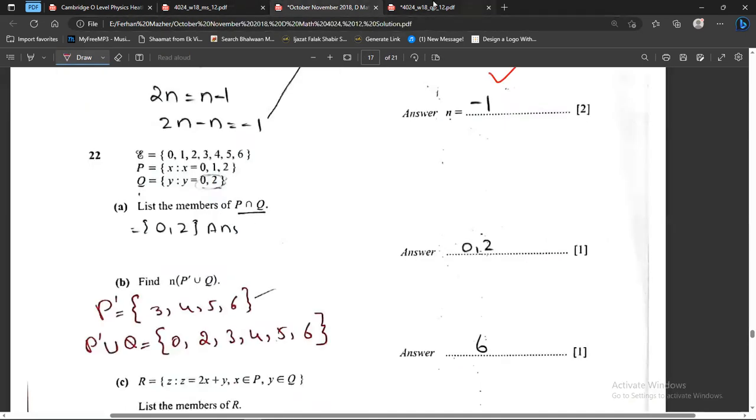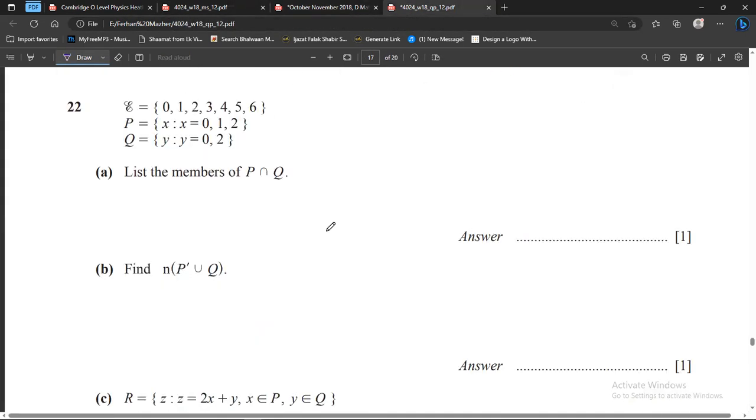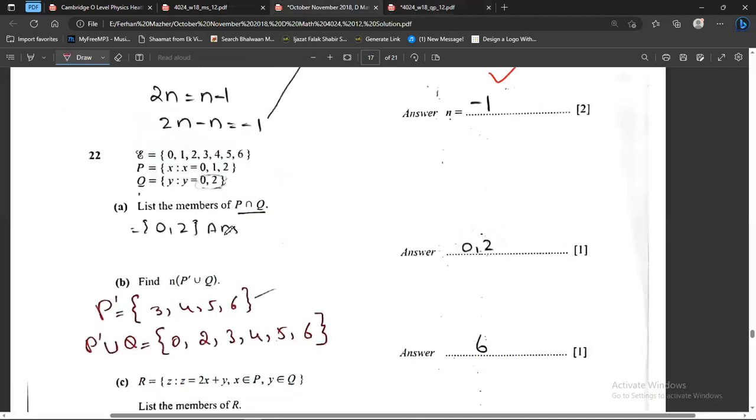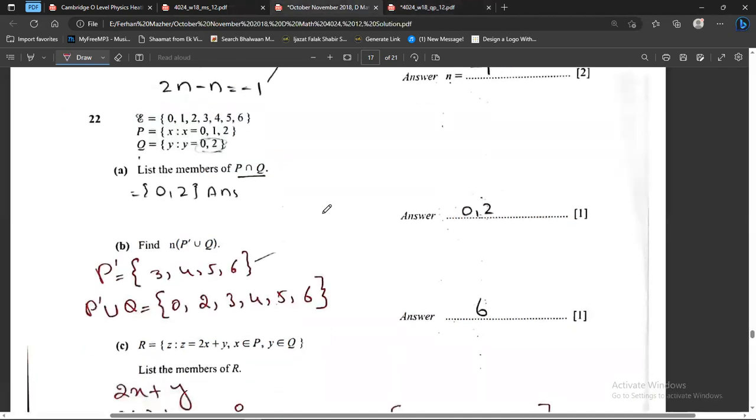This is the solution. Okay, then they say find the number. Small n means how many members are there. So how many members are in P complement union Q? First of all, I will have to find out the P complement. P complement means those members which are in the universal set but are not in P. That will be 3, 4, 5, and 6.